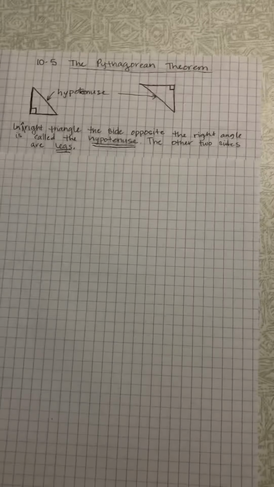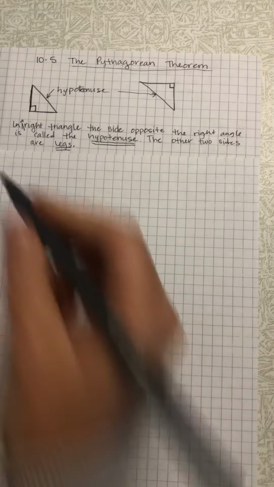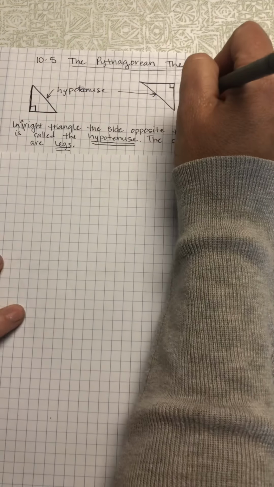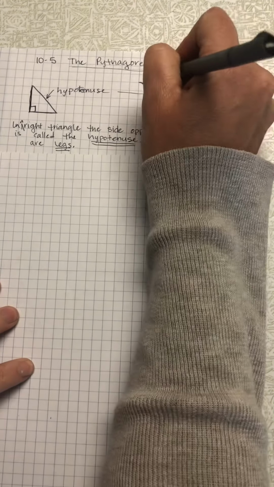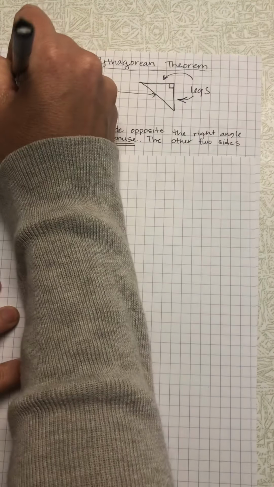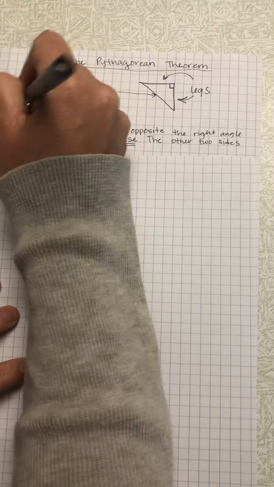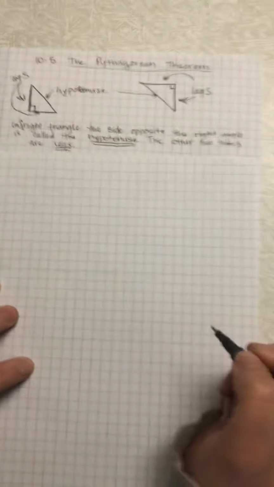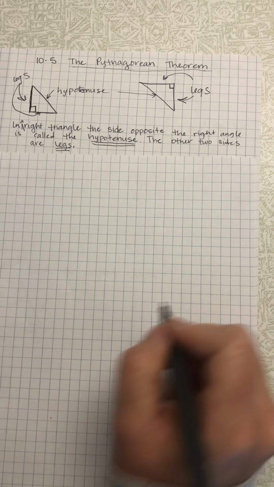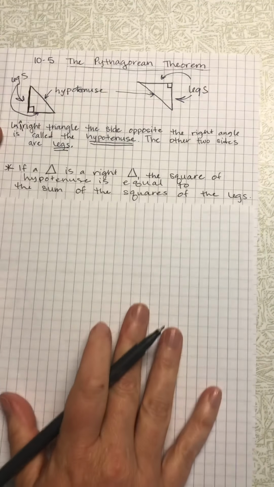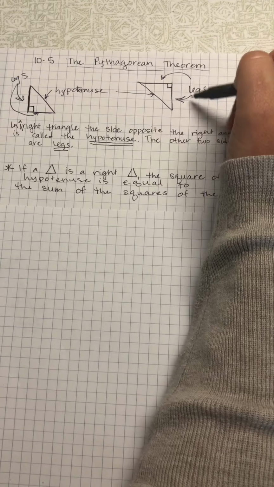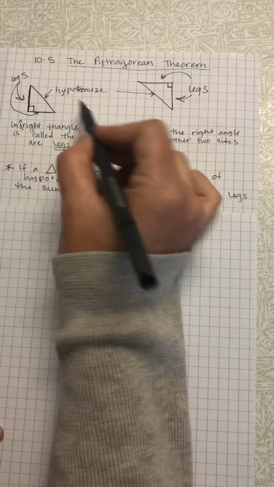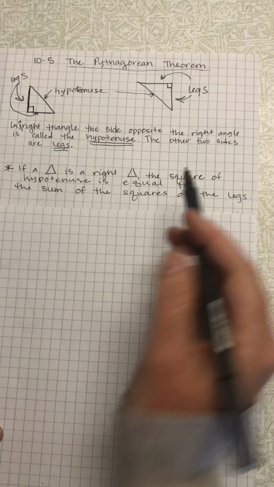And then the other two sides of the triangle are called legs. So we're going to be using the legs and the hypotenuse in today's lesson.